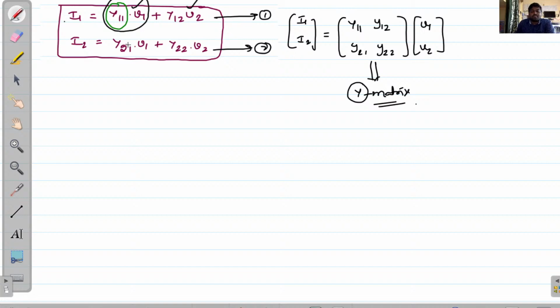That means by making a short circuit at port 1 as well as port 2, you can evaluate the Y parameters. By making a short circuit, that is very important. In the previous Z parameter case, by making an open circuit at port 1 as well as port 2, you get the Z parameters. That's why we call them open circuit impedance parameters.